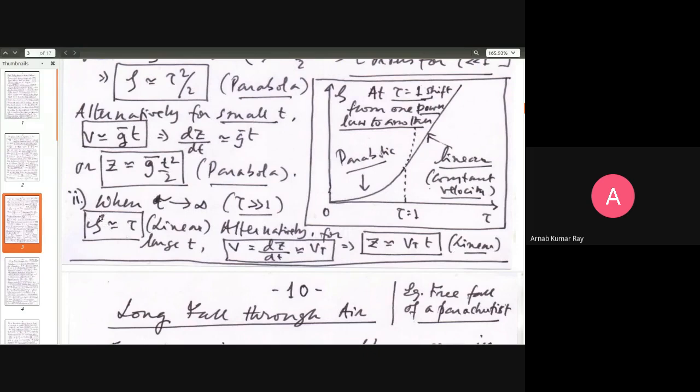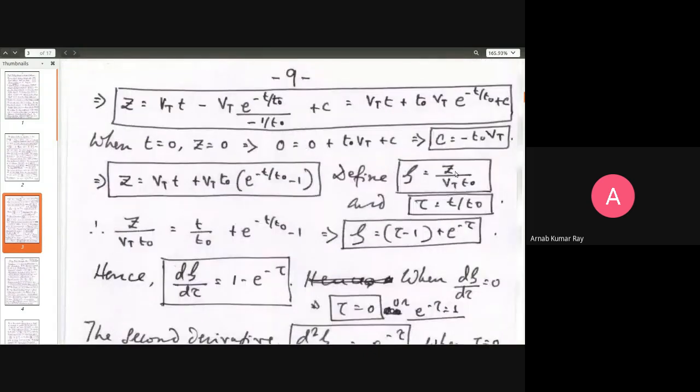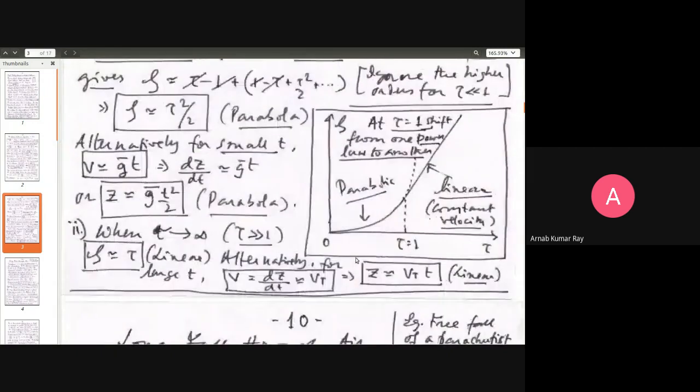So z and zeta are the same, except that there's a scaling factor, z by vt into t naught. If you have to plot this, you plot zeta along the vertical axis, tau along the horizontal axis. Tau equal to 1 is the transition point. Before that, you have this parabolic second degree dependence, tau squared by 2, and it should have gone on along this dotted curve, but it doesn't happen that way.